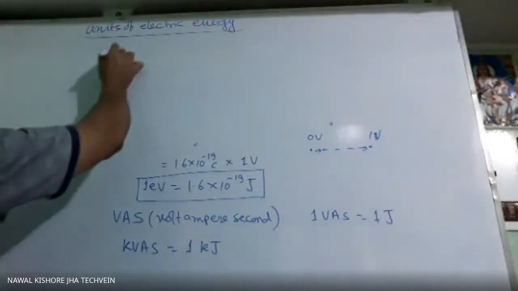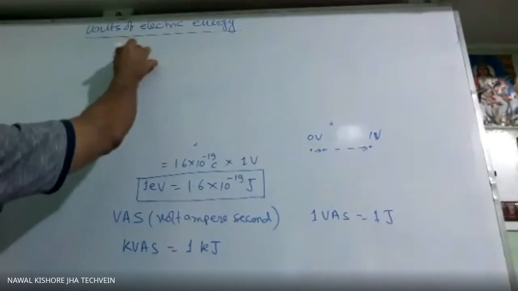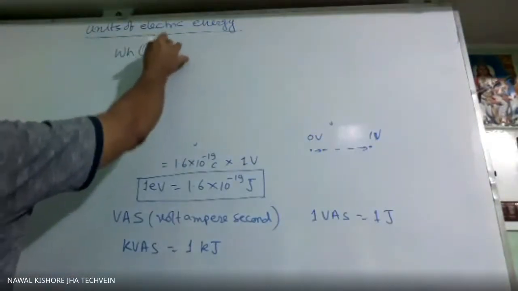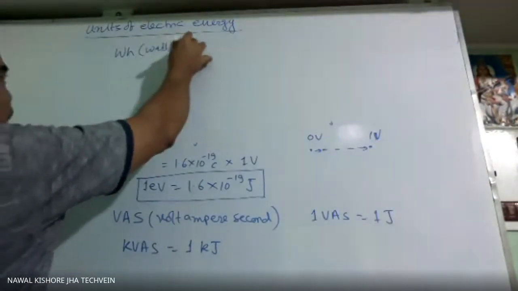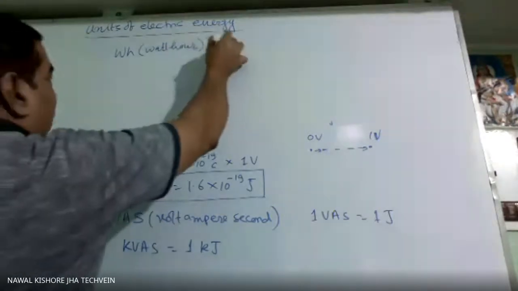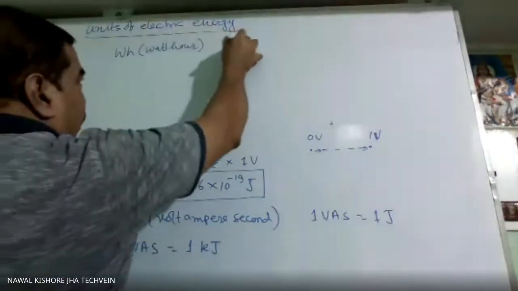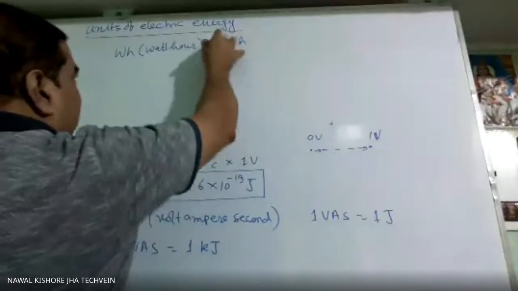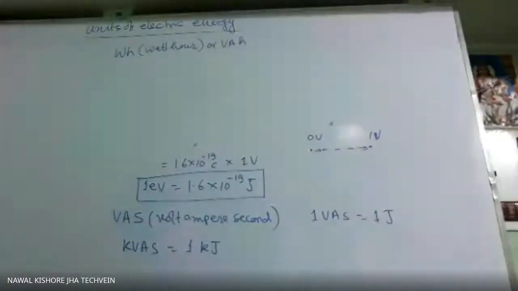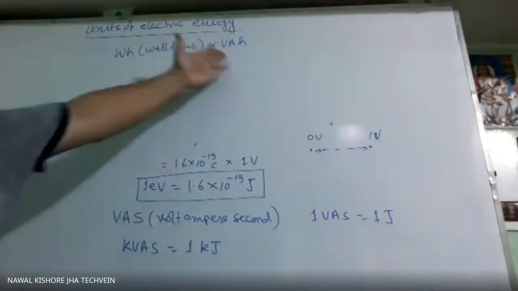Next is watt hour, or VAH, volt ampere hour, because watt means VA.